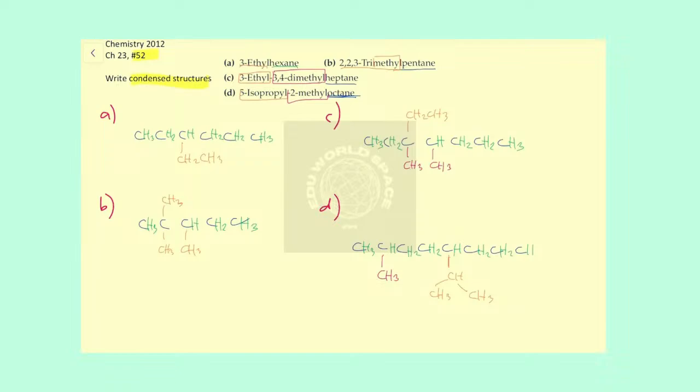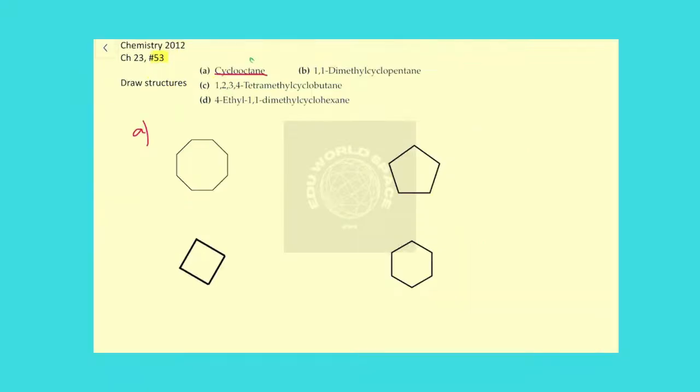Starting with part A here. Part A says cyclooctane. Okay, so cyclo means you have a ring, and octane means you have 8 carbons. So an 8 carbon ring would give you an octagon, right?